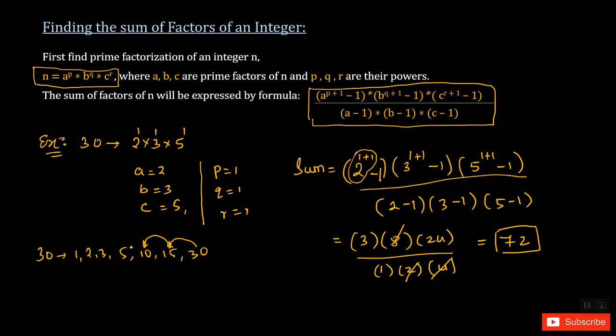Sorry, I have to include 6 also here. So 55 plus 6 is 61, 61 plus 6 is 66, 66 plus 3 is 69, 69 plus 2 is 71, 71 plus 1 is 72. So when you add them all, your result is 72.